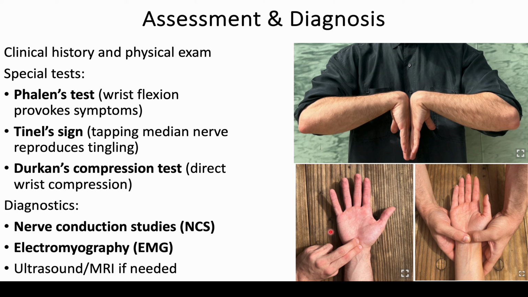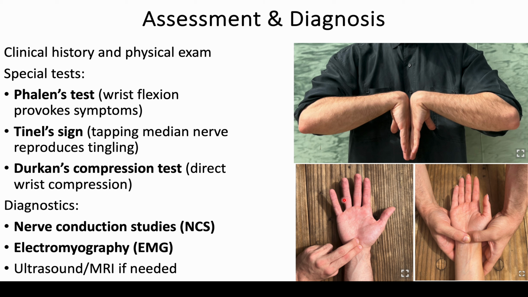Same with Tinel's sign. This is the tapping on the median nerve, and this tapping reproduces tingling. And also Durkan's compression test. This one here where you're holding basically pressure on this area to see whether it reproduces symptoms.